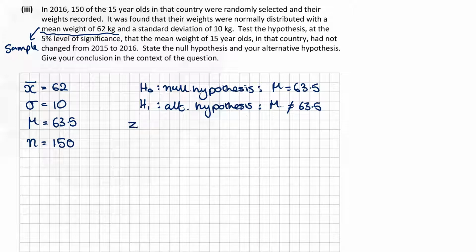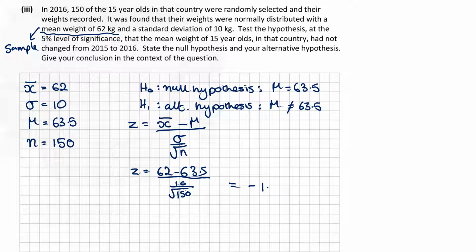I have the one specially for a sample, which is very similar to the one we used in the previous two parts. The only difference is instead of x, we now have x bar, and instead of just sigma on the bottom line, we have sigma over root n. So working with that, it's 62 minus 63.5 all over 10 over the square root of 150. When you work that out, we get minus 1.8371.